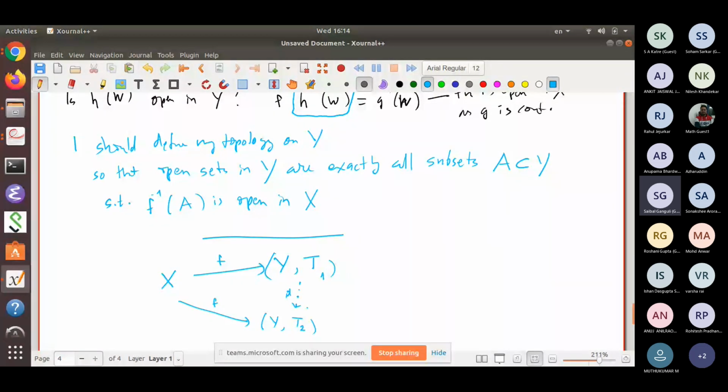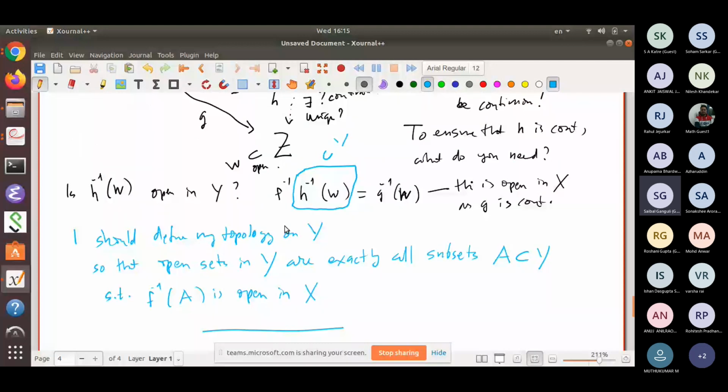And there exists a unique map like this, that is identity. So identity from here to here is continuous, and its inverse identity from here to here is continuous. So identity is a homeomorphism, which makes T1 equal to T2. Because if I take any open set here, its inverse image here is in T2. So everything in T1 is in T2, everything in T2 is in T1, and so T1 equals T2. So there are no two ways of doing it. The quotient topology is the only way of bringing about this universal property. So is that clear?